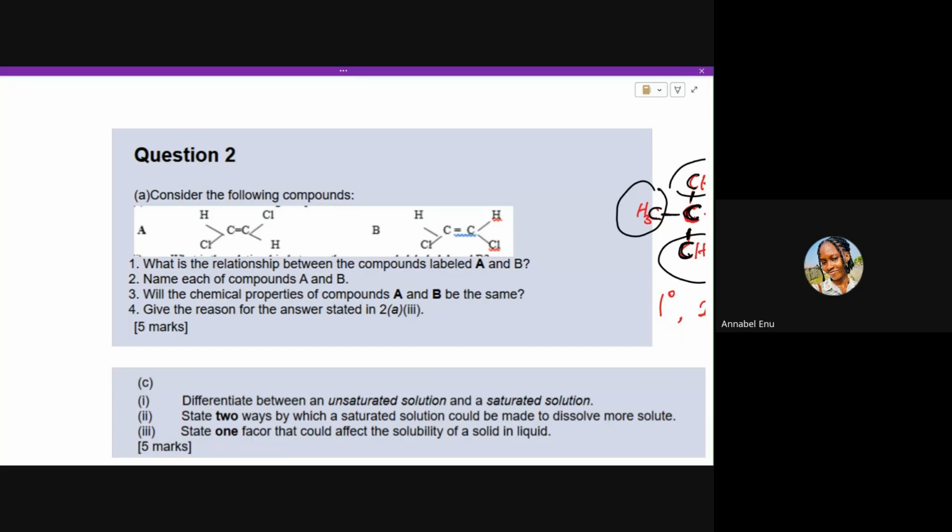Dichloroethene. Okay, dichloroethane. But do you know that without your prefix, your answer won't be given full marks in WAEC?